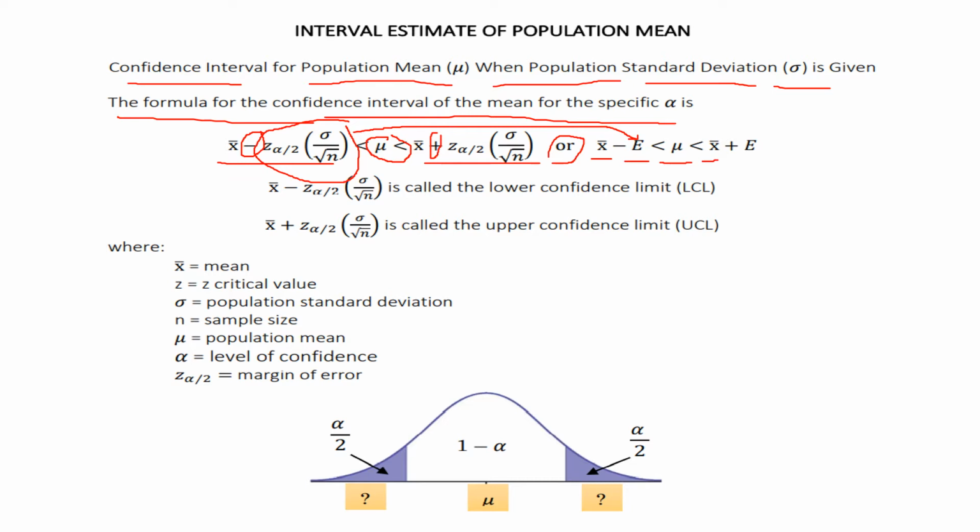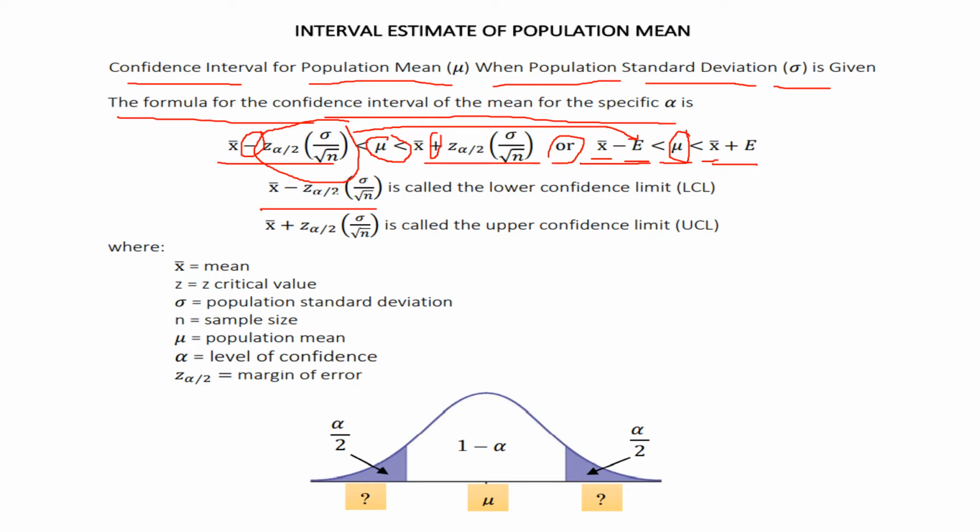As you can see, we assume that your population mean will fall between your lower and upper limit. For your lower limit, the formula is your sample mean minus C sub alpha over 2 multiplied by sigma over square root of n, your sample size.